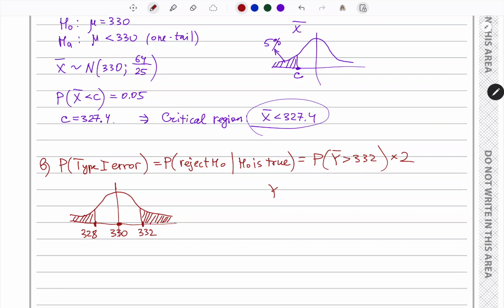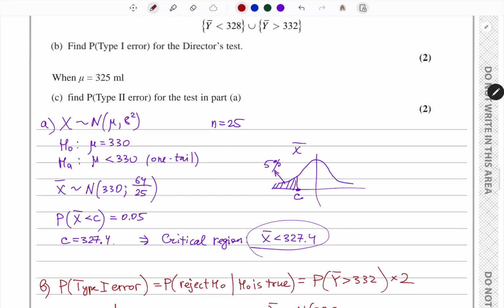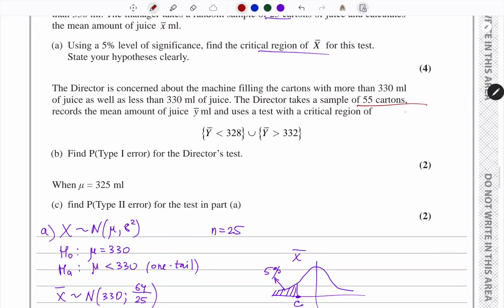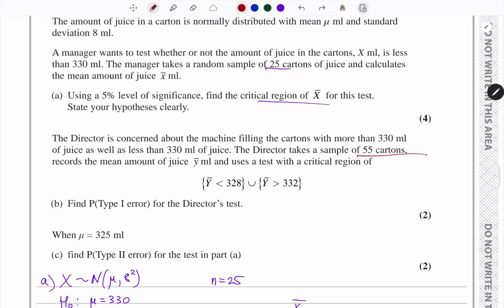So what do I know about Y bar? Y bar follows a normal distribution with 330 as the mean. And what is its variance? Oh, you see, the sample size has changed.